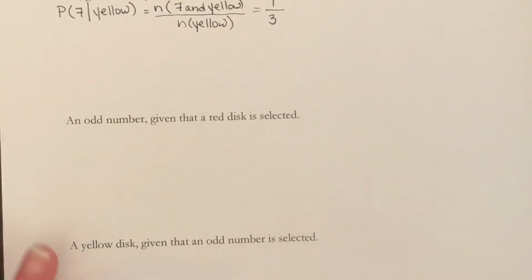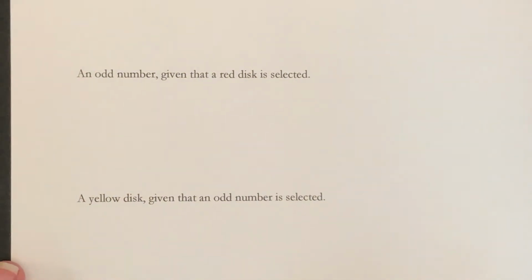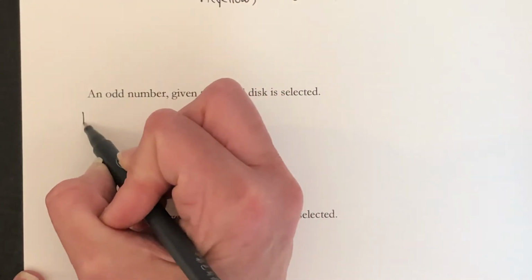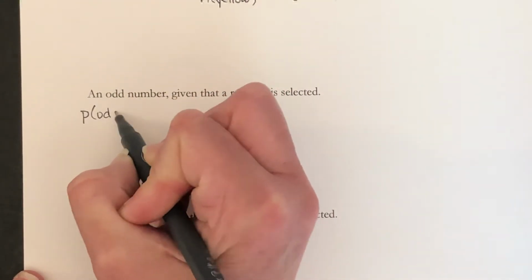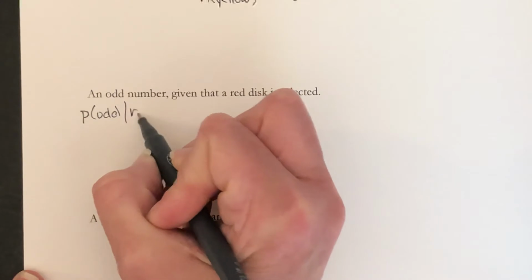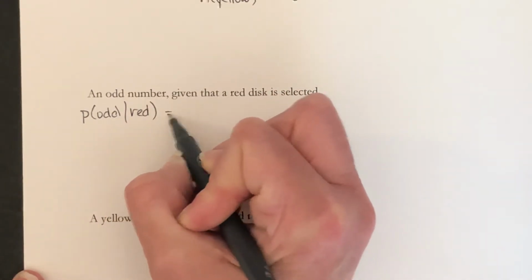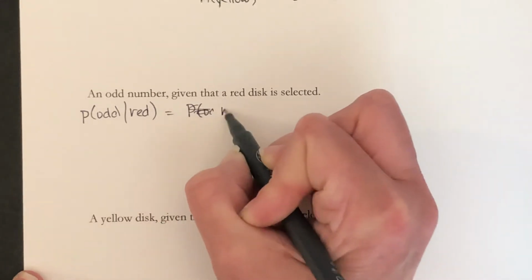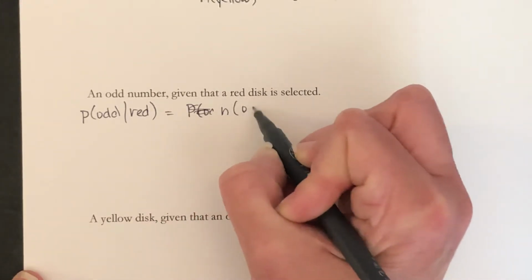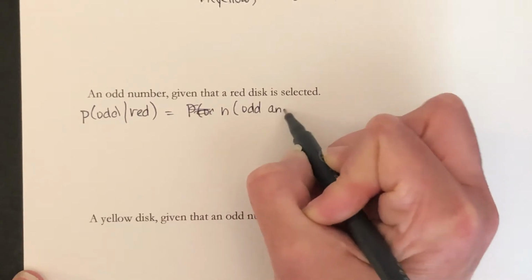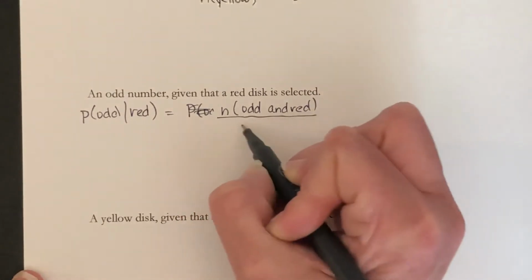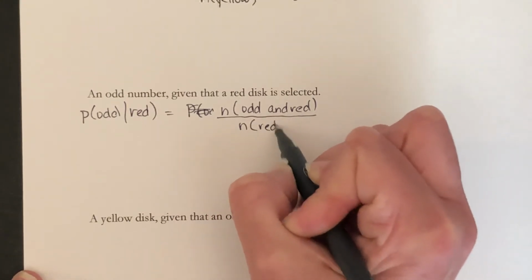Find the probability that we have an odd number given that red is selected. First we want the number of ways we can have odd and red, over the number of ways we can have red.